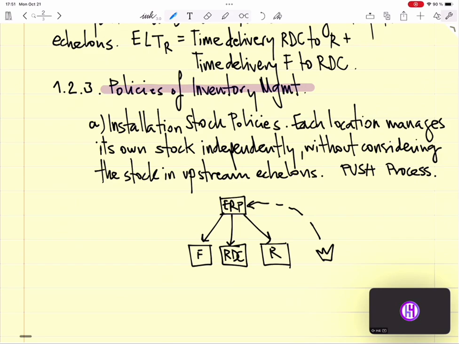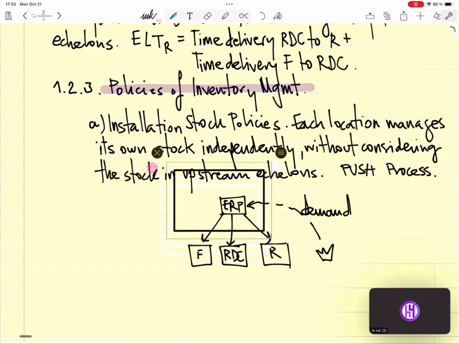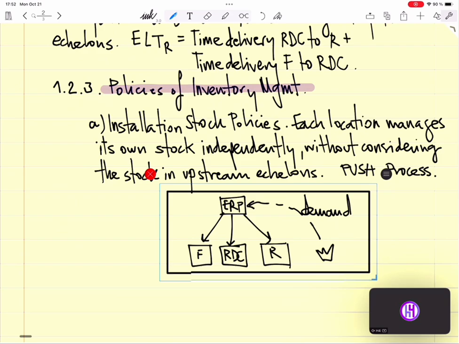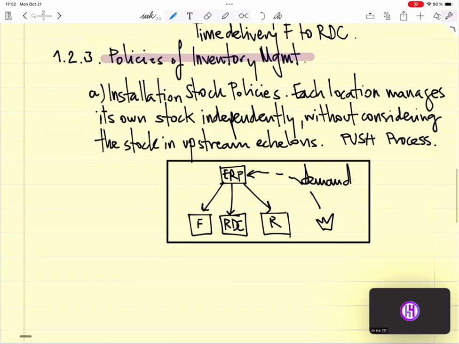So everybody is just managing their own inventory. This leads to certain problems like the bullwhip effect and so on and so forth. We will talk about that in the case study we will do next week and the next.